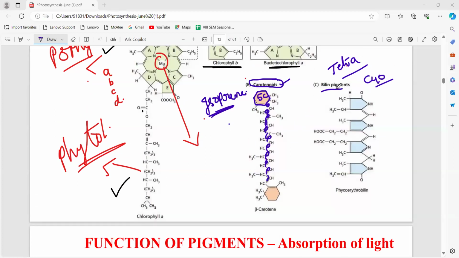All right. Now, friends, what are bilin pigments? No point of getting confused. Bilin pigments, we generally call them linear tetrapyrroles. Now the question is super clear.